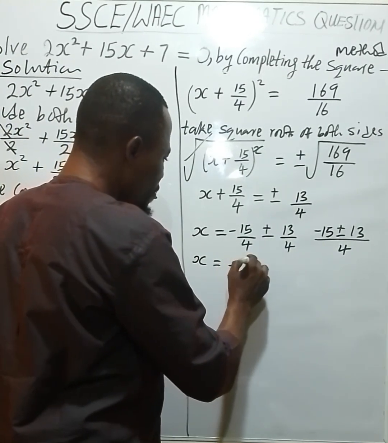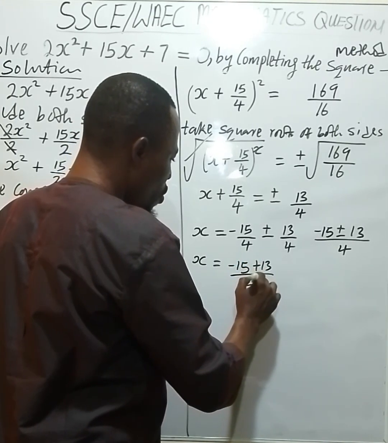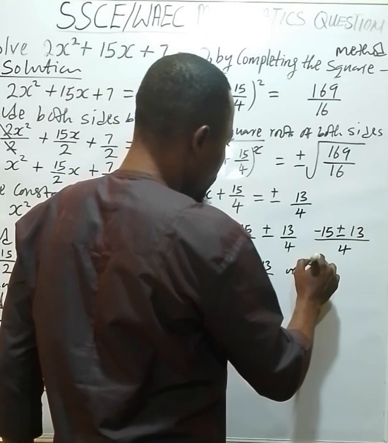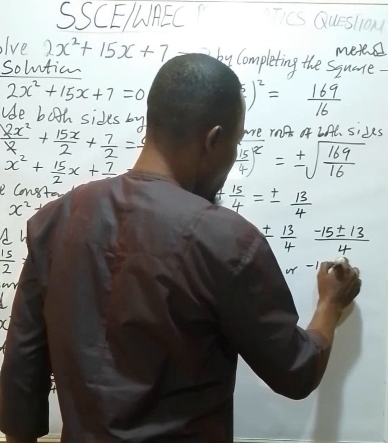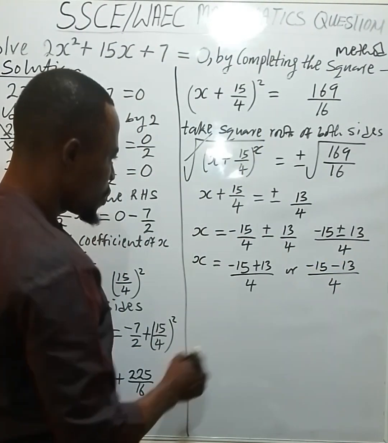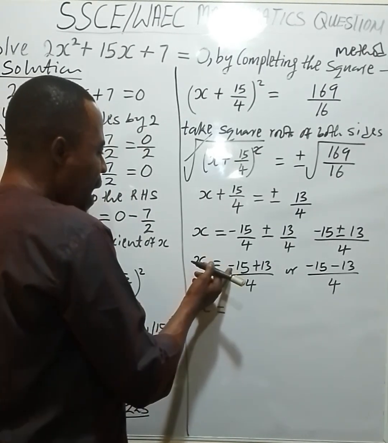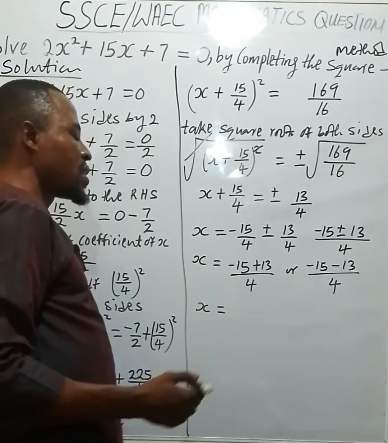Minus 15 plus 13 over 4, or minus 15 minus 13 over 4. So which means x equals, now minus 15 plus 13.